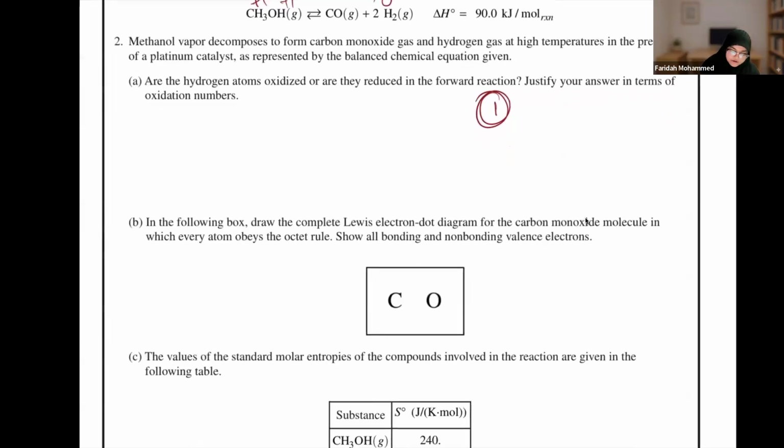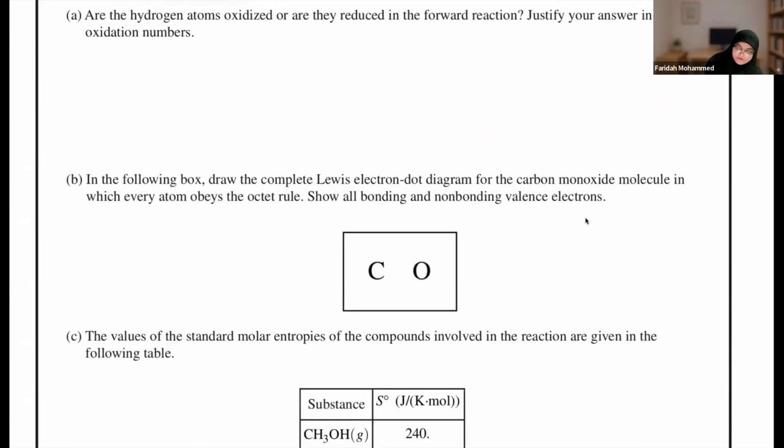Okay, now Lewis structure. Let's just review the Lewis structure. So 4 plus 6, 10. Give 1 bond first. -2. Make the sides happy. Who is the side? The central is least electronegative. This is the central, so I'm going to make this happy first by putting 6. Still have left 2.